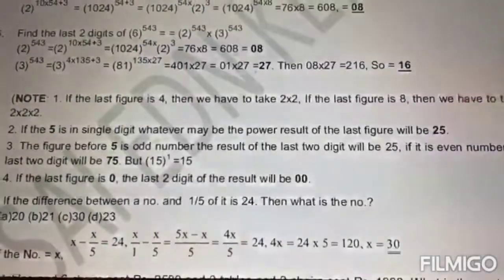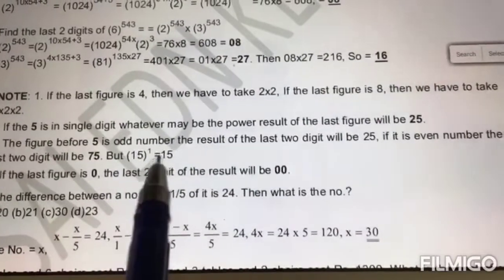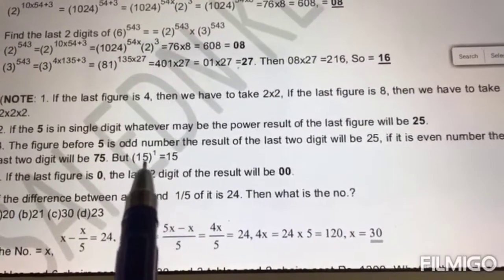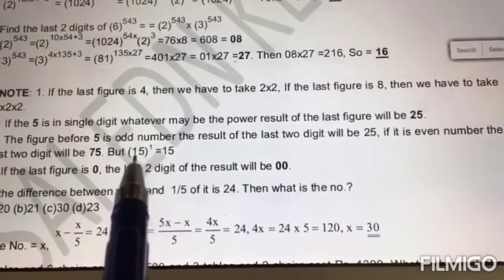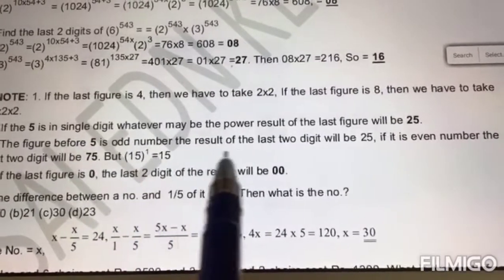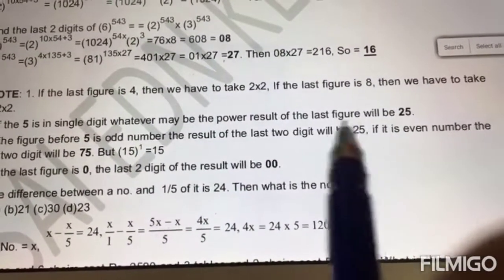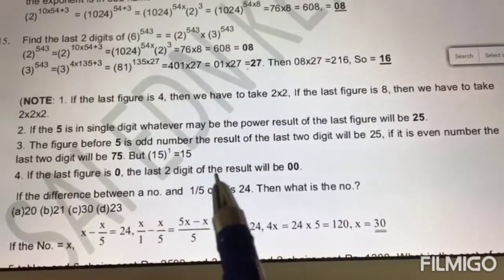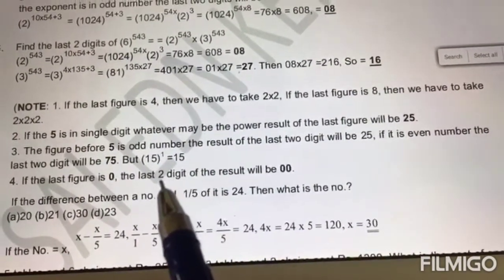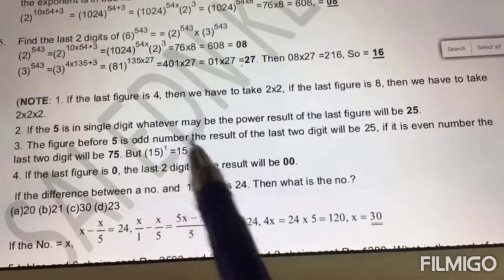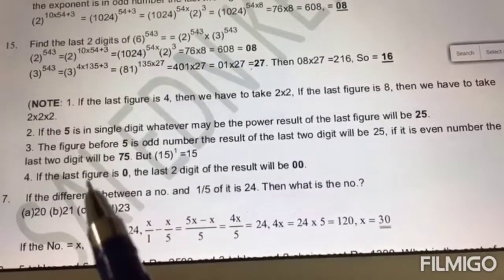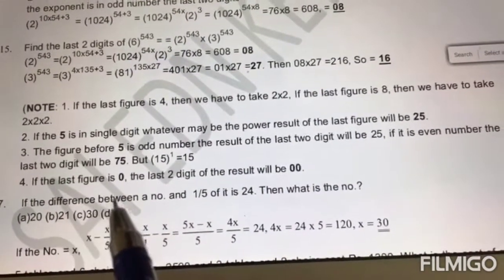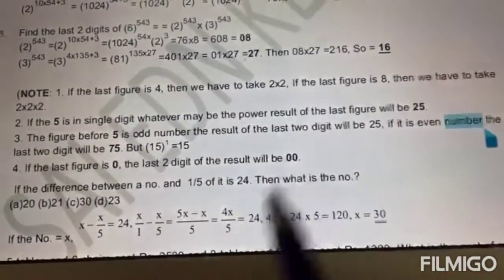Except in the case of 15. 15 raised to 1 is 15. So the number before 5 is 1, which is an odd number. As per this rule, it should be 25, but it is not. It is simply 15. So this is an exception. Also 35 raised to 1 will be 35, right? Then if the last figure is 0, the last 2 digits of the result will be 00.